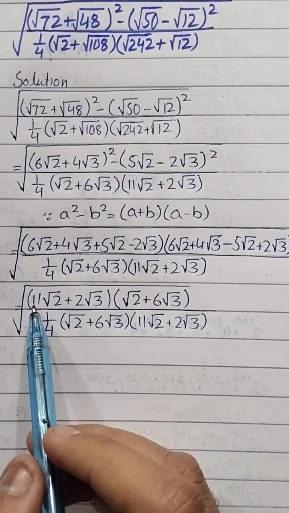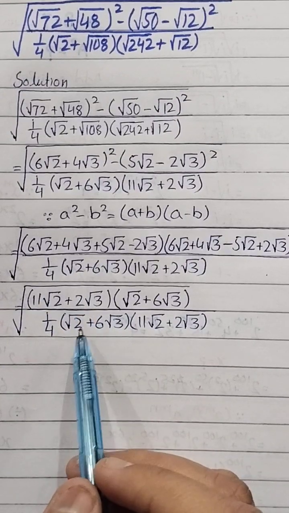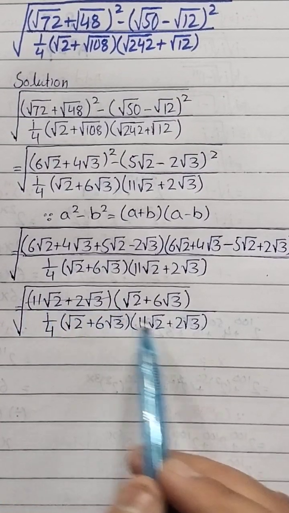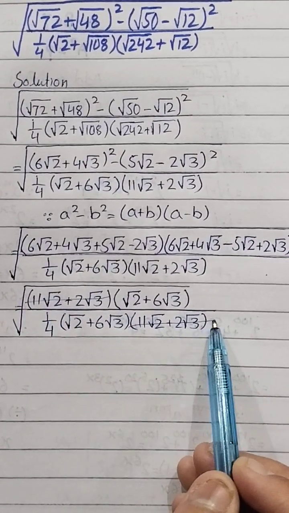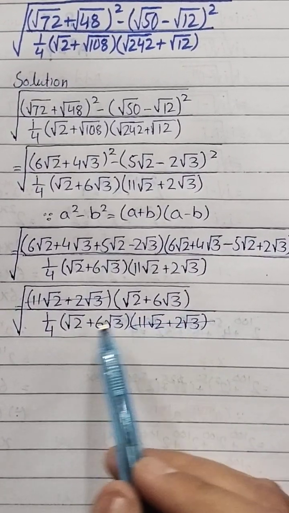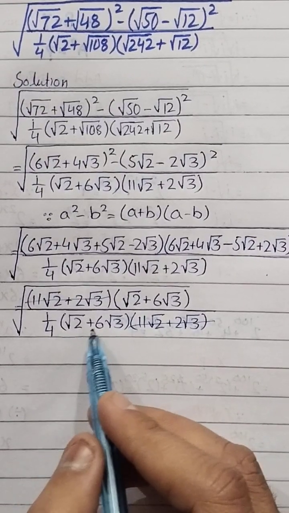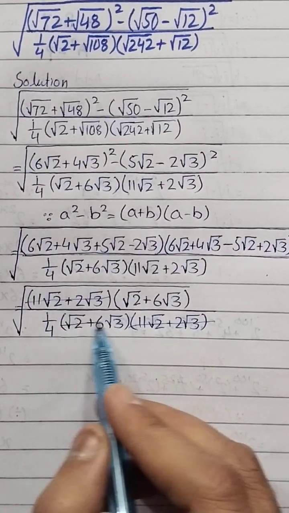Now you can see that this is 11 under root 2 plus 2 under root 3, and this can be cancelled with this. Similarly, this under root 2 plus 6 under root 3 can be cancelled with this under root 2 plus 6 under root 3, like this.